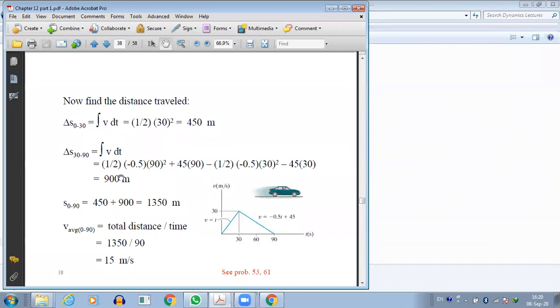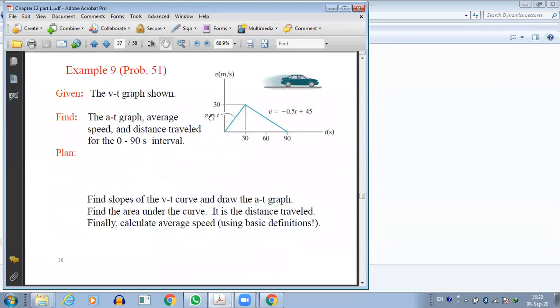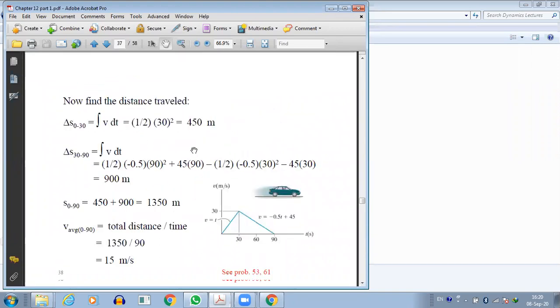For the first case, the equation is V equals T. So just substitute T. If I integrate t dt, it becomes t square upon 2, and the limit is from 0 to 30, so half t square equals 450 meters.